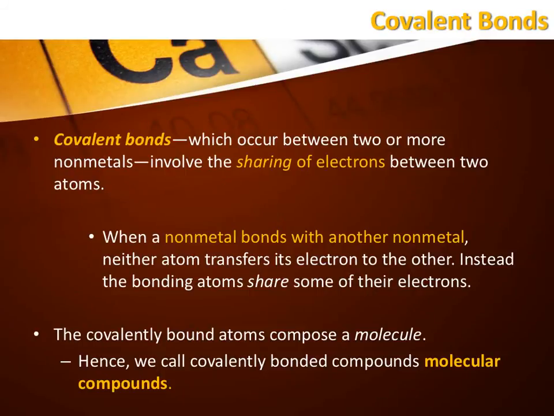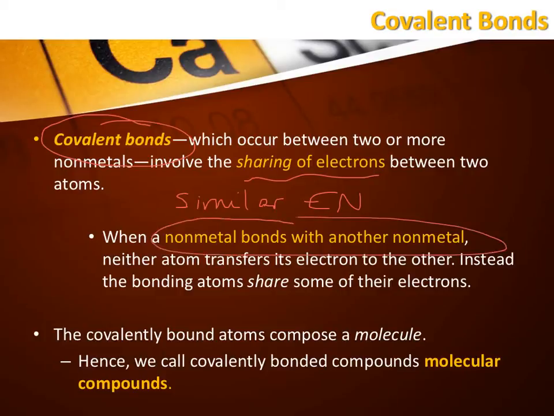On the other hand, covalent bonds, okay, involve the sharing of electrons rather than a transfer, and so they have to be between two atoms that have similar electronegativities or similar attraction for extra electrons. Okay, and so covalent bonds occur between two nonmetals. Remember where the nonmetals are located on the periodic table?